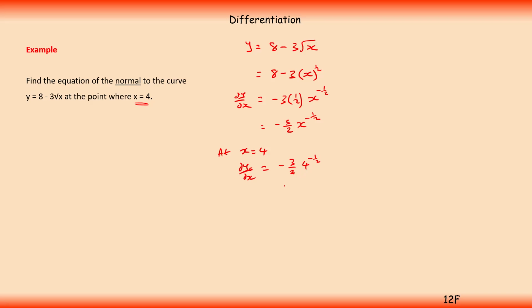Now the minus half makes it seem a bit tricky. If we write it as minus 3 over 2, times 1 over the square root of 4, that's equal to minus 3 over 2 times 2, minus 3/4. Now this is the gradient of the tangent.